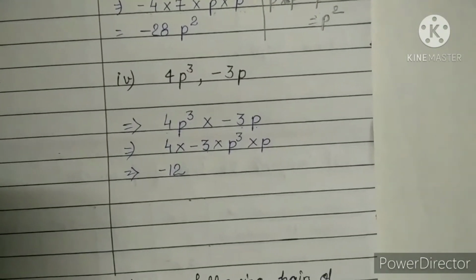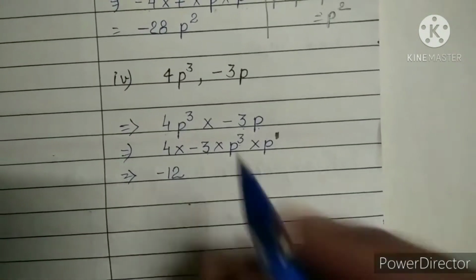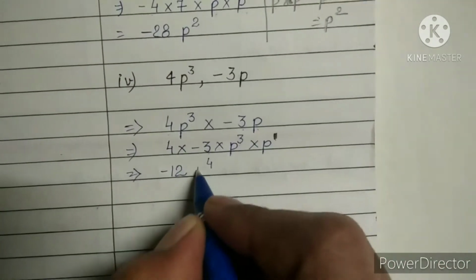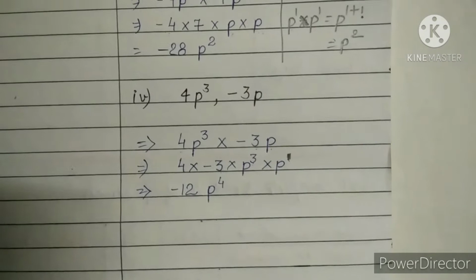Here we have p to the power 3 and here p to the power 1. So 3 plus 1 is 4. It means we have p to the power 4 in the answer of the fourth one.